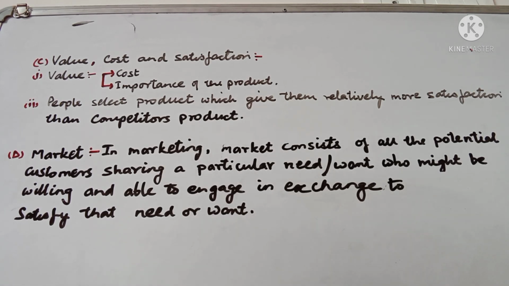Willingness and ability to pay, both aspects should be covered in exchange. In exchange, what? To give money and to buy the product. Buying the product means transfer of ownership from the seller to the buyer to satisfy that need or want.